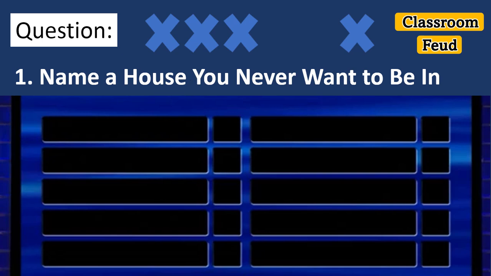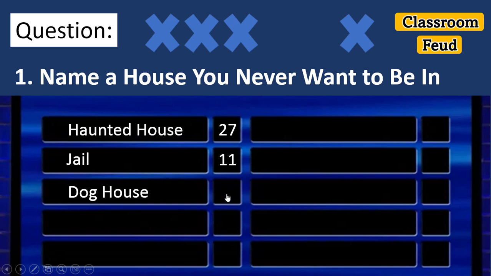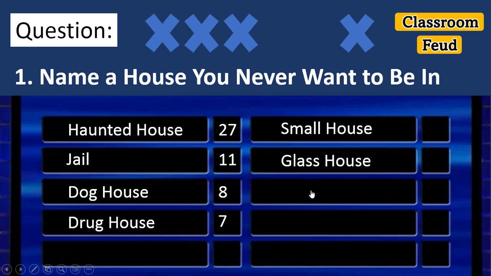So the first group that gives the correct answer will be the one to play the game first. Each of the members of the active team will give possible answers, and each correct answer corresponds to a certain number of points. The members of the active team will continuously give all the possible answers until all 8 possible answers are revealed.